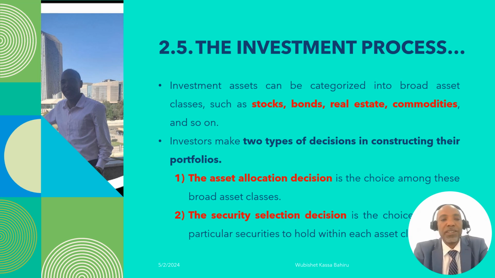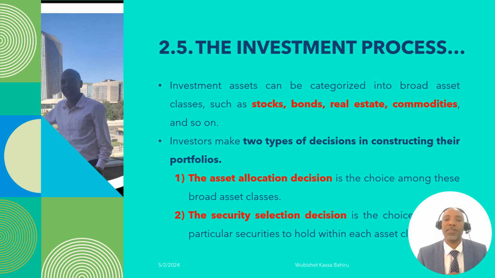Investors make two kinds of decisions in constructing their portfolio. The first one is the asset allocation decision, which means the choice among the broad kinds of asset classes that we mentioned above: the stock, the bond, the real estate, or any kind of commodity.